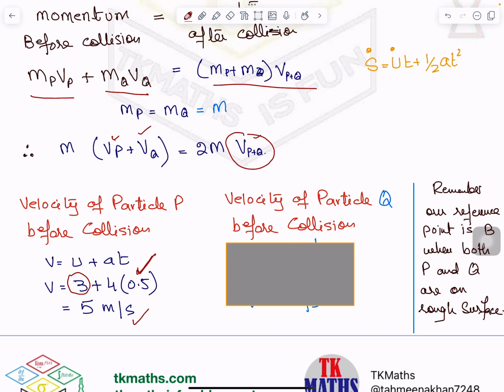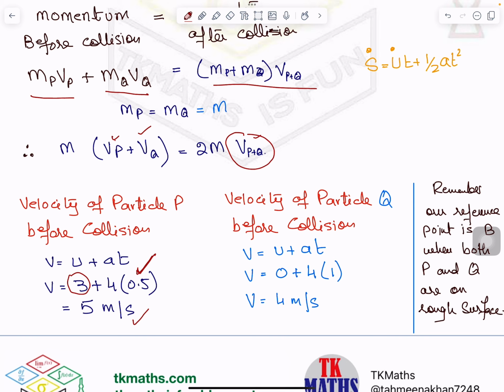Similarly, we will calculate for Q. Particle Q took 1 second from the reference point B to reach the collision, and the velocity was 4 meters per second. Now we know VP and VQ, right? After collision, when they coalesce, what was the velocity? That we will find out.